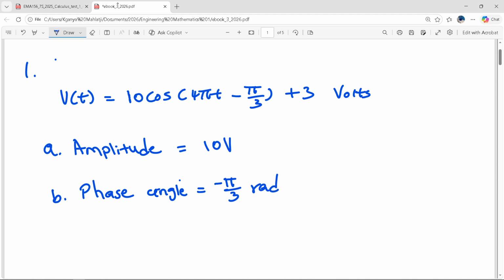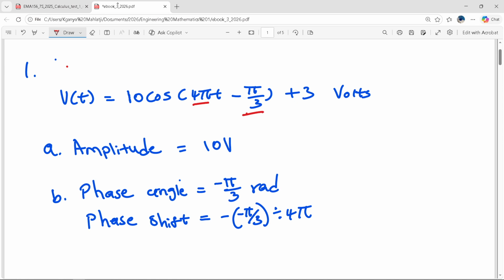They did not add phase shift, we can just calculate it here. Phase shift equals minus pi over 3 divided by 4 pi. You can see 4 pi is this one, minus pi over 3 is this one.